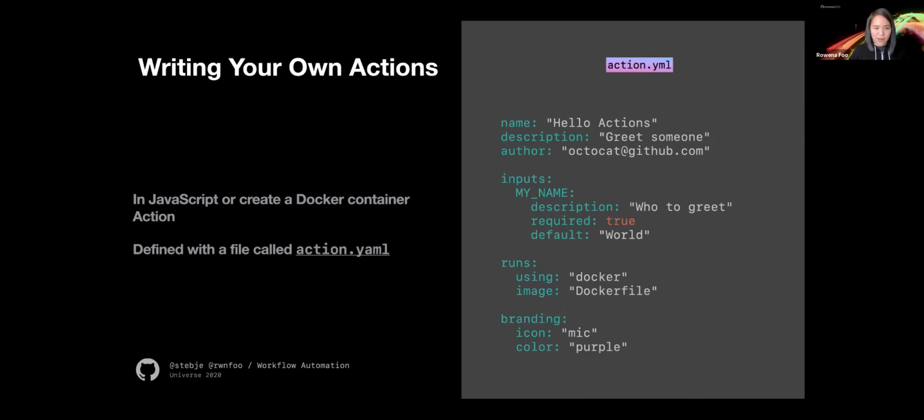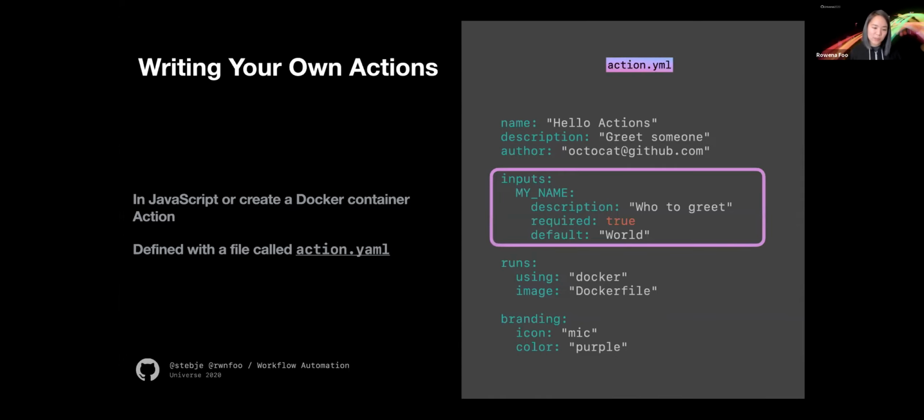The next thing to think about is that your action needs to be defined with a file called action.yaml. The action.yaml file is a metadata file. In this metadata file, you define the inputs, outputs, and the main entry point for your action. In this example that I've highlighted, this specific action requires an input parameter.